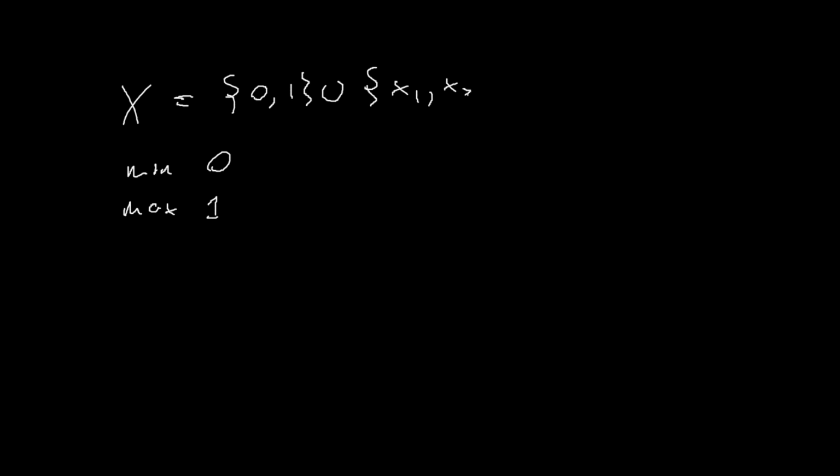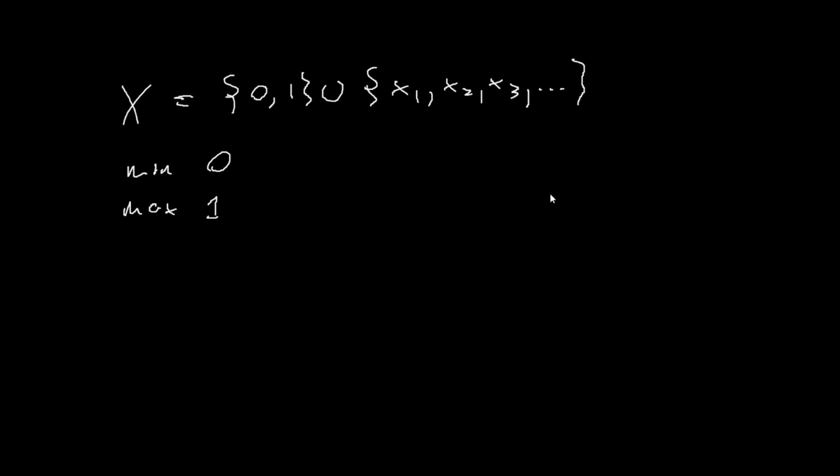Okay, so what I'm going to do here is first label the minimum element as 0 and the maximum element as 1. This is just a very convenient and suggestive labeling. And then I'm going to write X as the union of the elements 0, 1, union with elements x1, x2, x3, and so on, which are all the elements between 0 and 1.